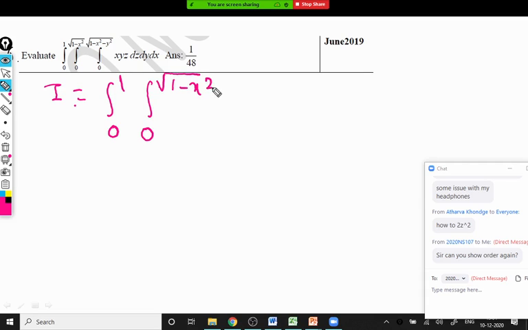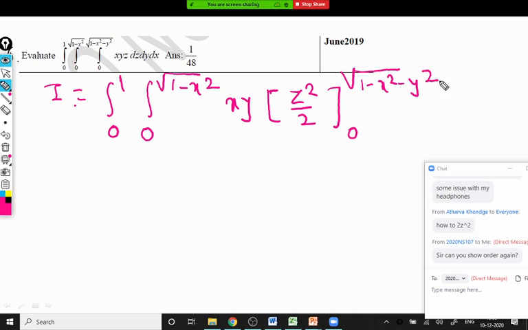So this is the double integral that we have. What is the integration? x y z square by 2, the limit of z, dy dx. This is 0 to 1.